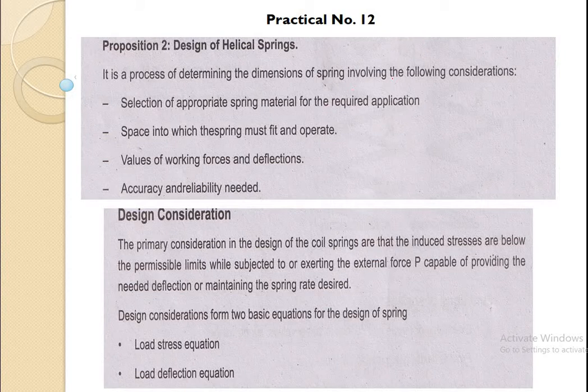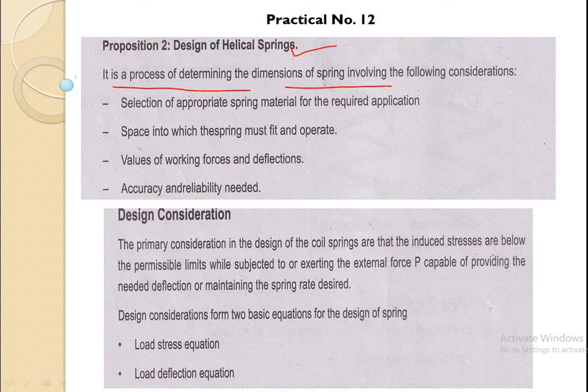Now design of helical springs. Our aim in this practical is to understand how springs are designed, in particular how the helical spring is designed. It is a process of determining the dimensions of the spring. As we already know, design means determining the dimensions of a particular element.